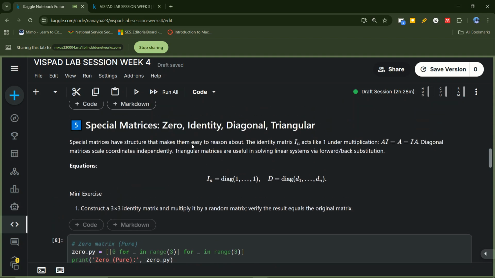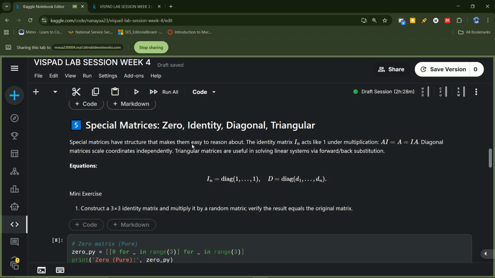Special matrices have a structure that makes them easy to reason about. So we have the identity matrix that acts like one under multiplication. So we are saying that A times I is equal to A and is equal to I times A. You'll understand later on.